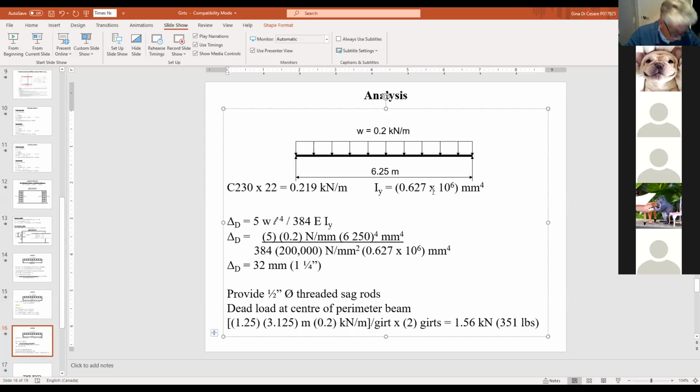And the IY for this channel is 0.805. In other words, that's the weak moment of inertia. So here I'm going to put the value of 2.19. Here I'm going to change this to 0.805. Can somebody do this calculation? I'm going to do it also, but somebody do this calculation.